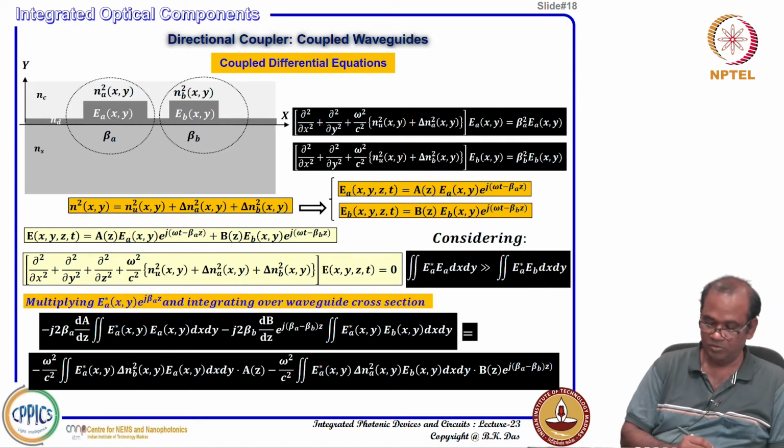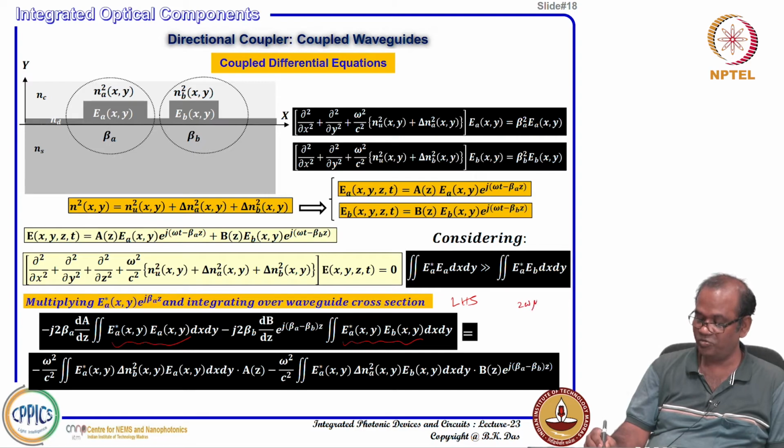Now, if you compare, concentrating only on the left hand side, two terms are there. In the first, E_a star E_a means the waveguide mode in waveguide A, and that should be 2 omega mu by beta, which is known to you if they are normalized. A is initially normalized to 1 watt, waveguide A, so that should be 2 omega mu_0 by beta.